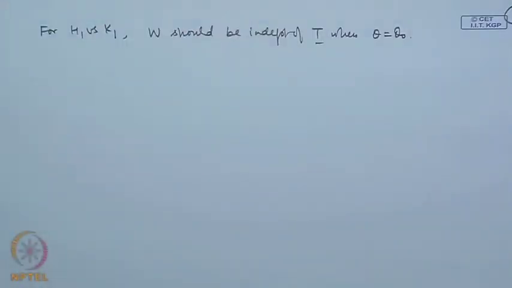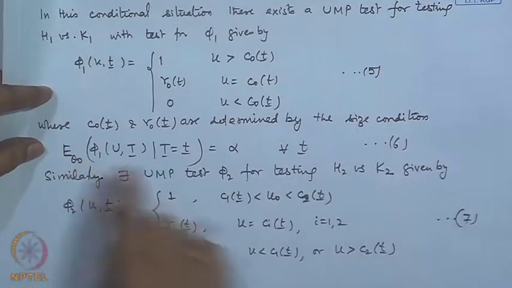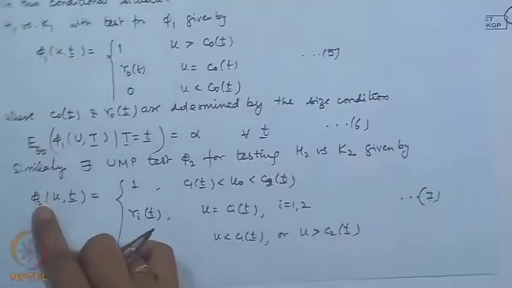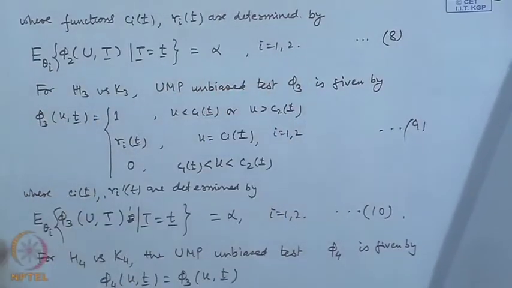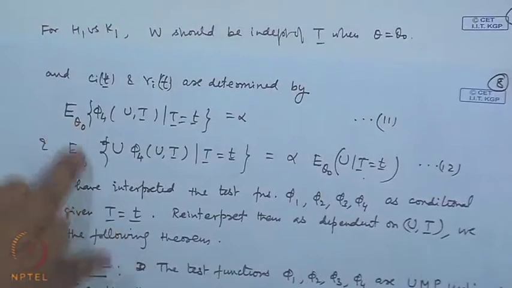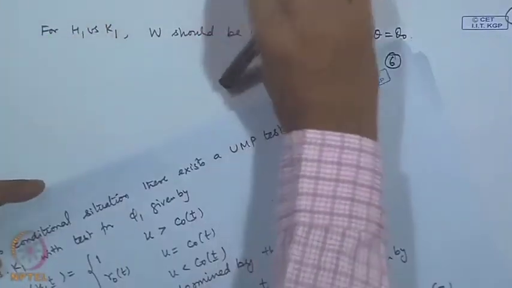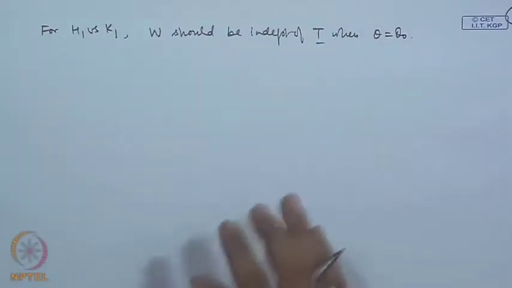Let me recollect from yesterday's lecture the exact condition, expectation at theta naught. Similarly, for phi 2 and phi 3, the condition is on theta 1 and theta 2, and similarly for H4 the condition is again on theta naught. So, we have to look at the independence of W from T at these points.